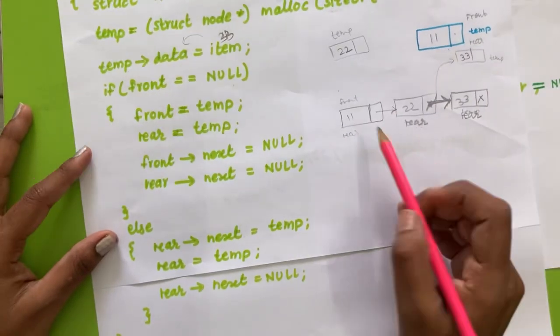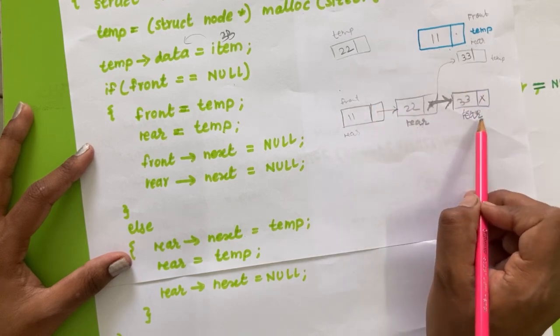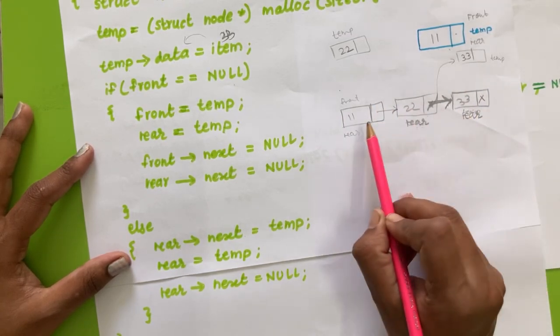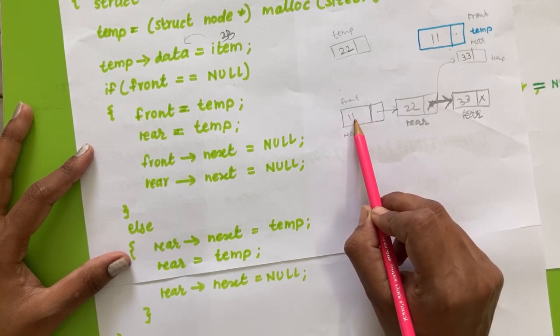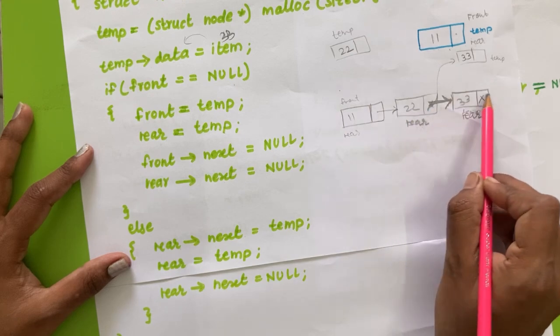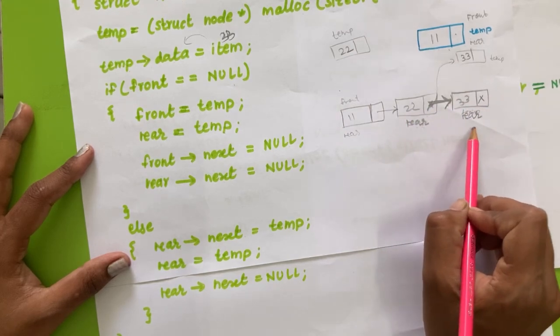Now this is the current content of the queue as a linked list. It contains 3 nodes. The front node is 11 because we inserted the first element as 11, and the last element we inserted is 33, that is the rear end.